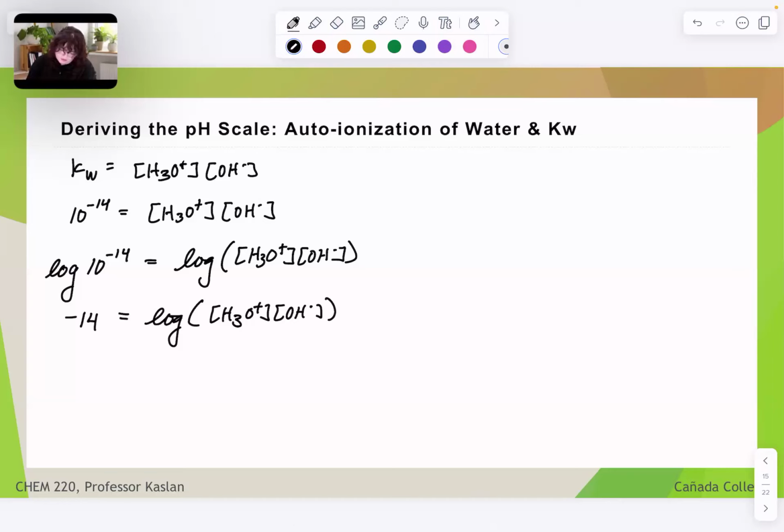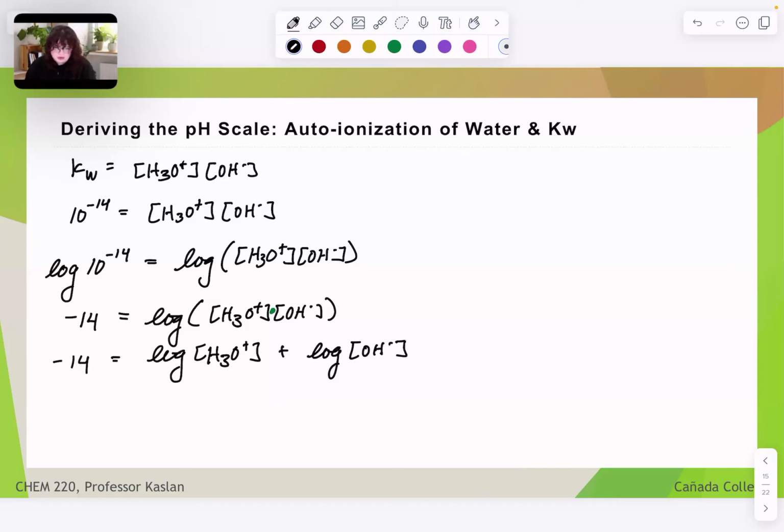Log rules state that if I have a product of terms inside my log, then I can rewrite that as a sum of two log terms, meaning I can say that negative 14 is equal to the log of concentration H3O plus plus the log of concentration OH minus.